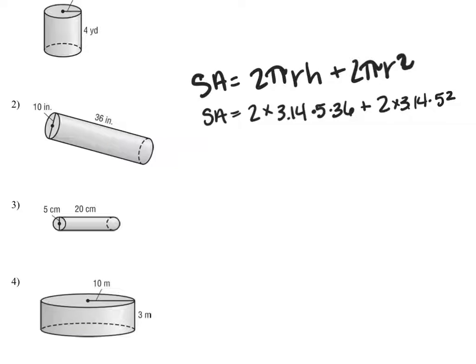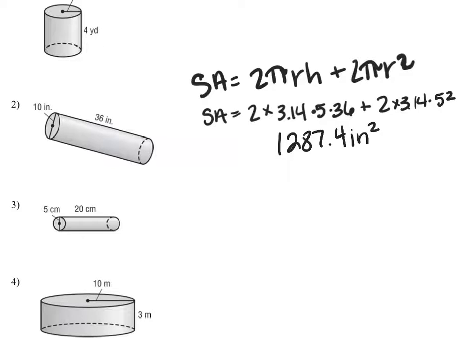We're going to enter that in our calculator. It's the beauty of not having to do it by hand. 2 times 3.14 times 5 times 36 plus 2 times 3.14 times 25, because 5 squared is 25, and I got 1,287.4 inches squared, since it's surface area.